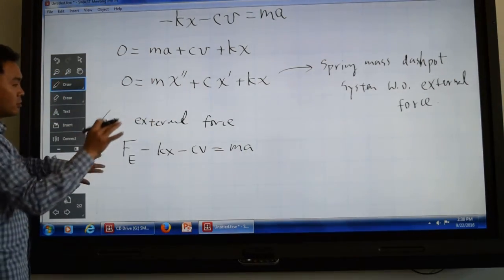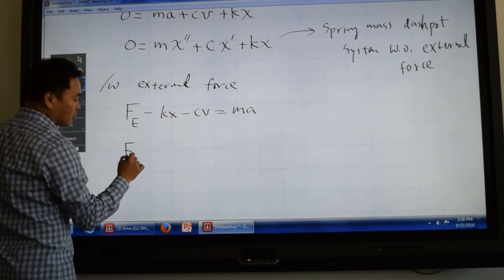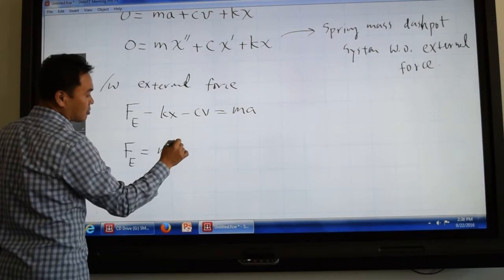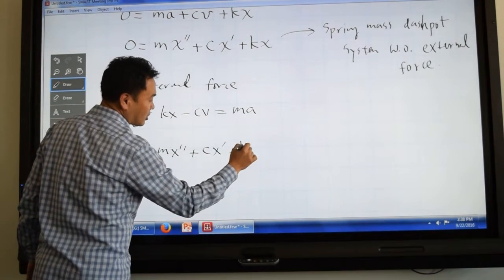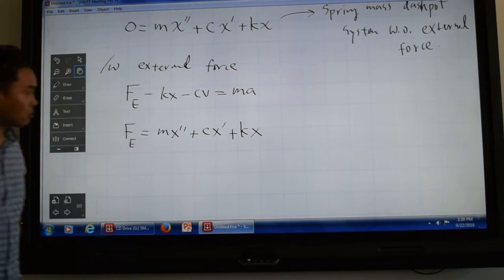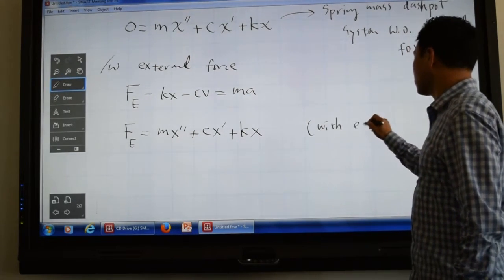And then if you move everything to the other side, then I have the external force equal to mx double prime plus cx prime plus kx. That's the case when you have the external force.